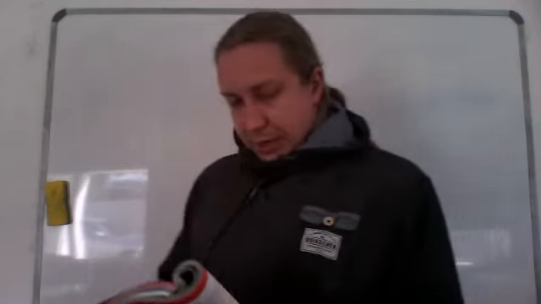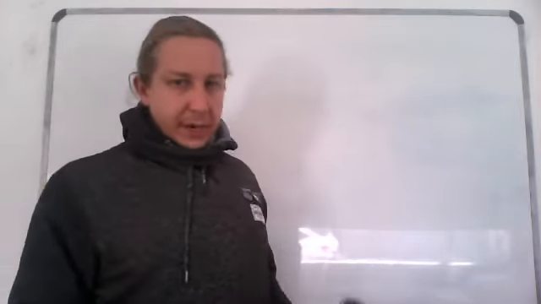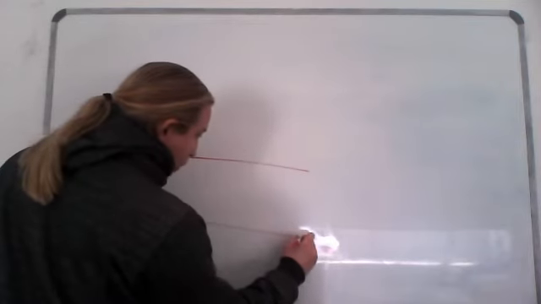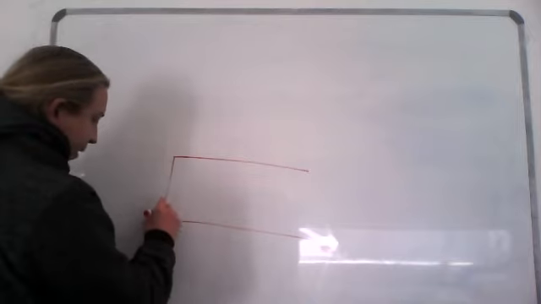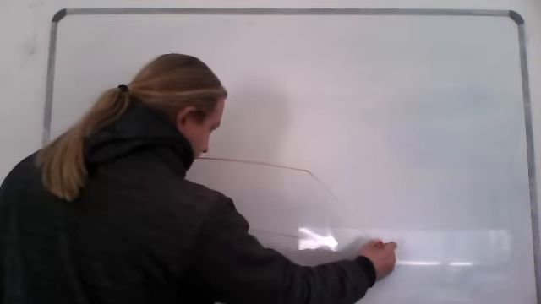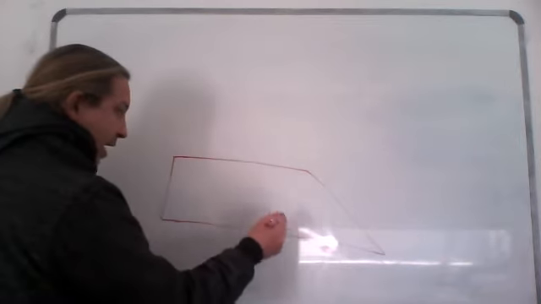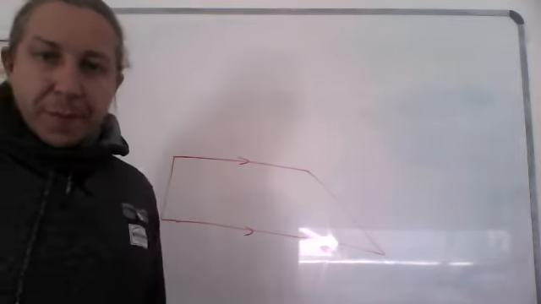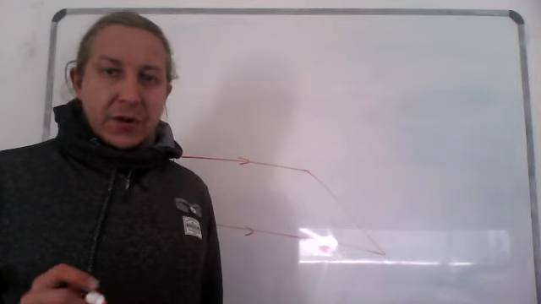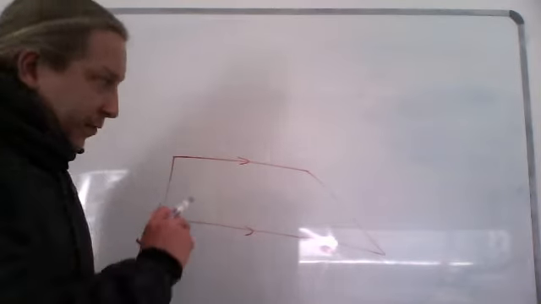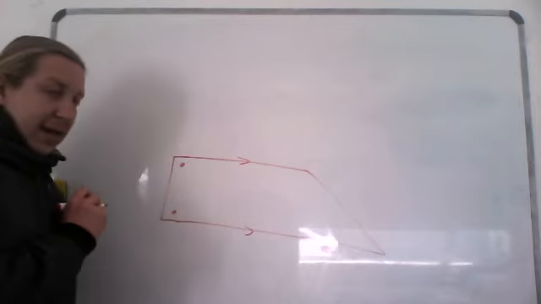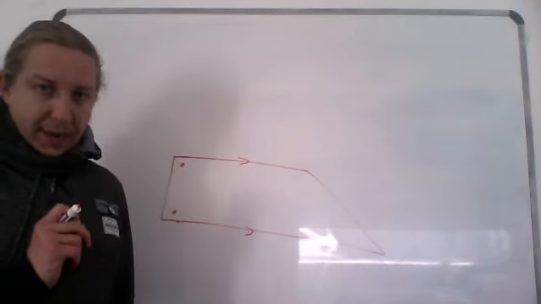So this is a great way to test if this is a trapezium. Because remember, in a trapezium, we have one pair of opposite sides parallel. So we could have a trapezium like that, and this is parallel to that. Well, remember from parallel lines and co-interior angles, if we have two parallel lines, then this angle plus this angle is going to add up to 180.